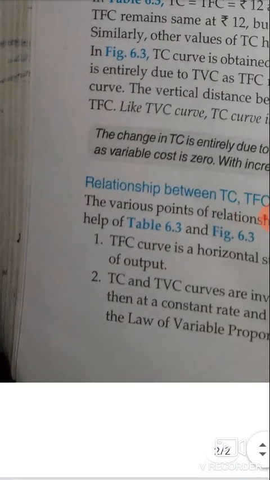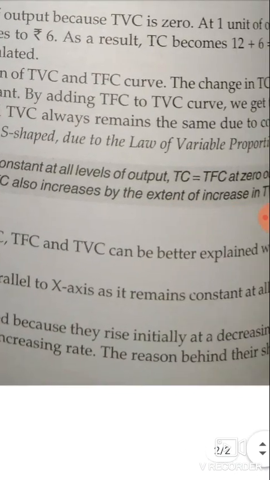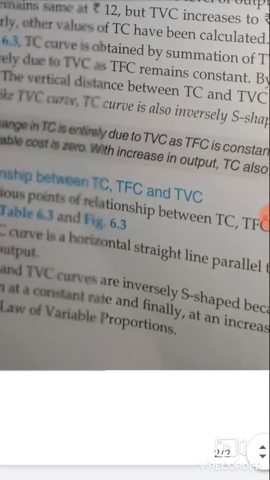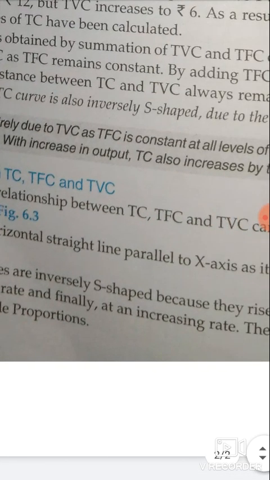The TC and TVC curves are inversely S-shaped because they rise initially at a decreasing rate, then at a constant rate, and finally at an increasing rate due to the law of variable proportion. In the class of TVC, I taught you this, and I have told you again right now.